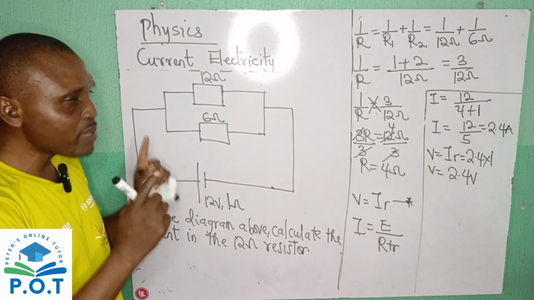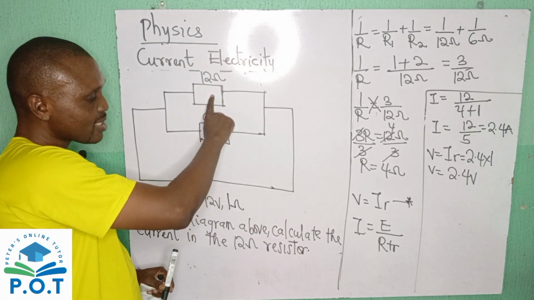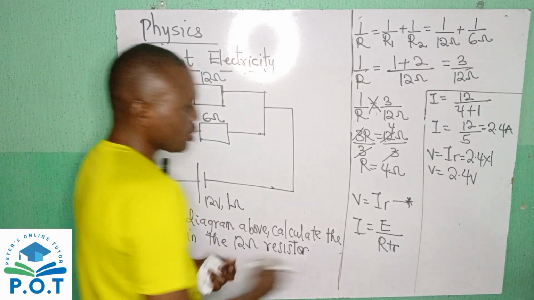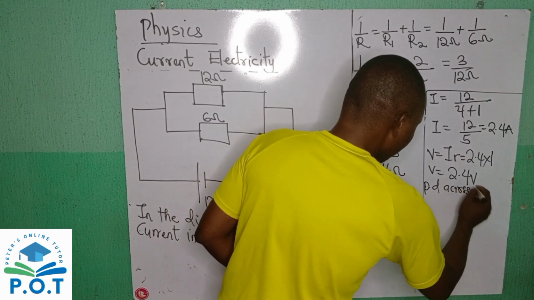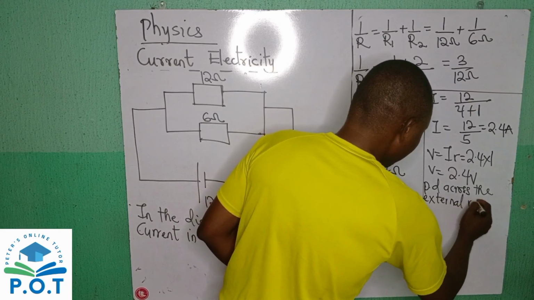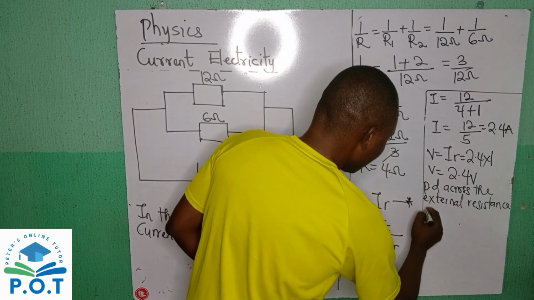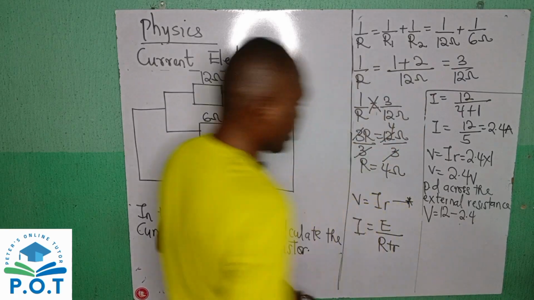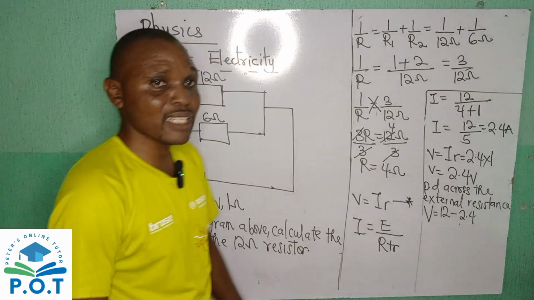Now let's get the PD across the external resistance, because the PD across the external resistance plus the PD across the internal resistance will give us 12. So the PD across the external resistance will be given as big V equals 12 minus 2.4, where 2.4 is the PD across the internal resistance.